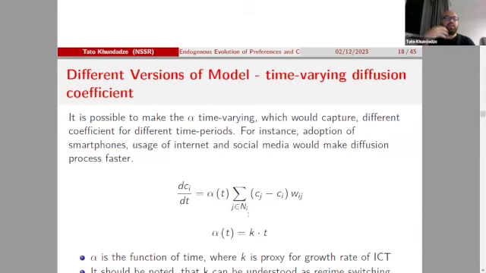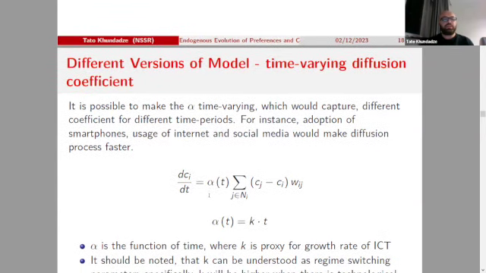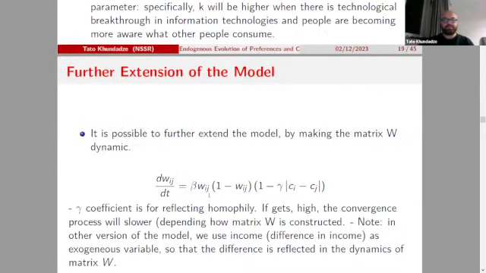But with the emergence of media, like TV and advertising, we may have different regimes, and the information on consumption of different people may spread at different speeds. So if we compare 19th century information diffusion with 21st century information diffusion, specifically on consumption, it will be a really different speed of diffusion, right? So this coefficient may be time dependent.